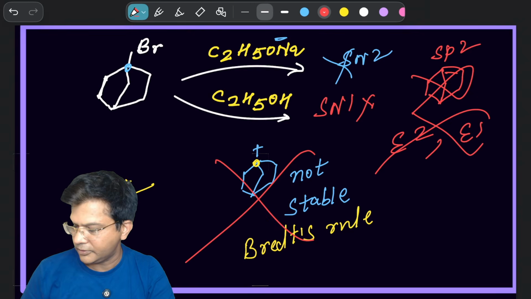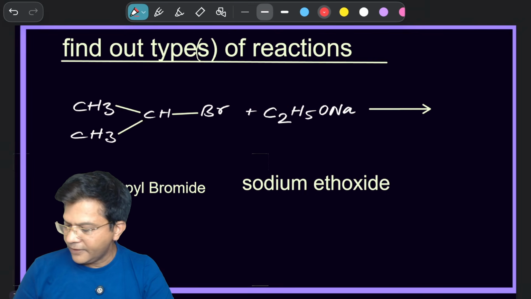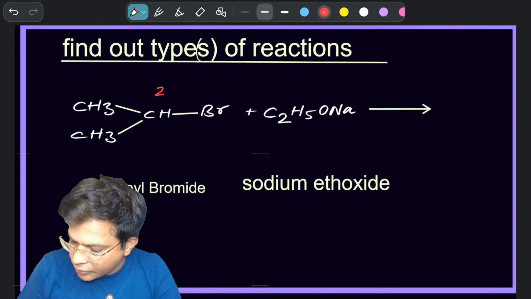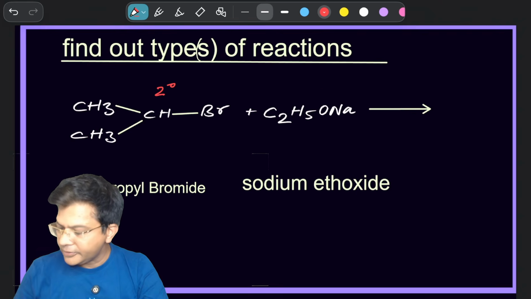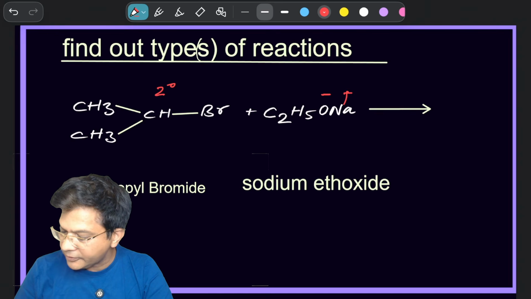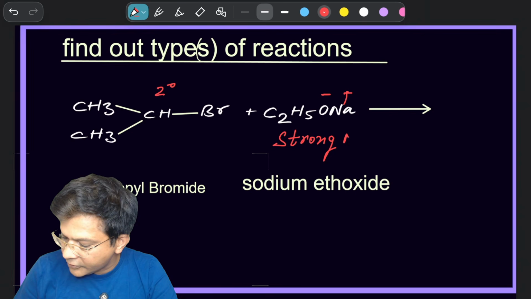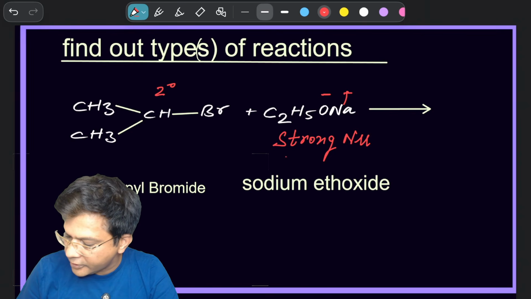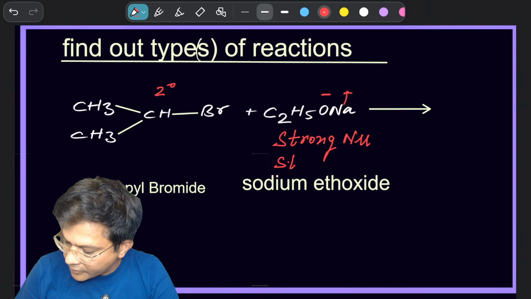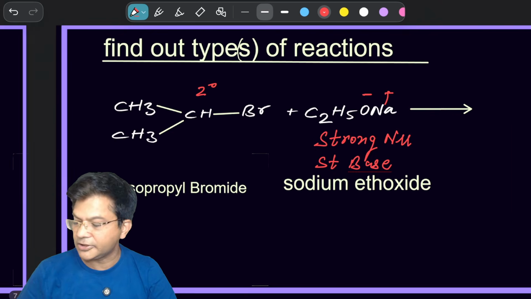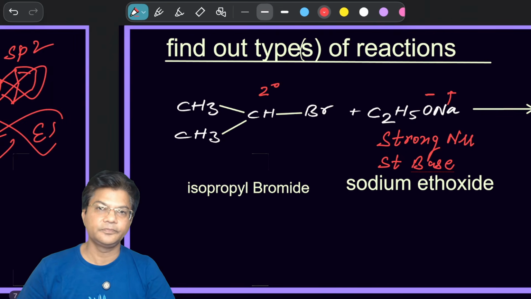Now, my dear students, if you see these reactions, this is a 2 degree alkyl halide, and this is a negative and strong species. If you consider it a nucleophile, it is a strong nucleophile. If you consider it a base, it is a strong base as well. Now remember that a strong reagent will do whatever reaction it does in a single step.